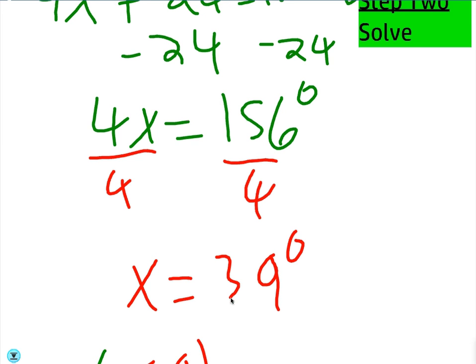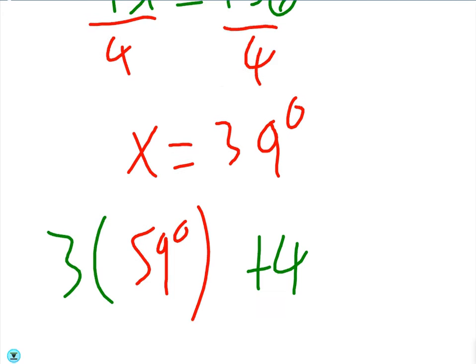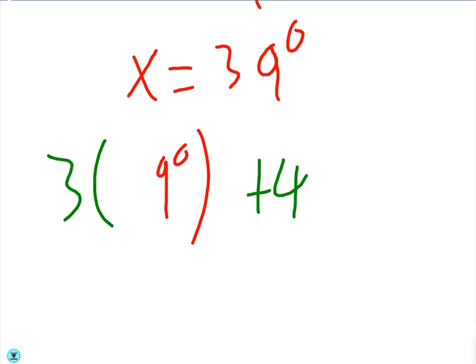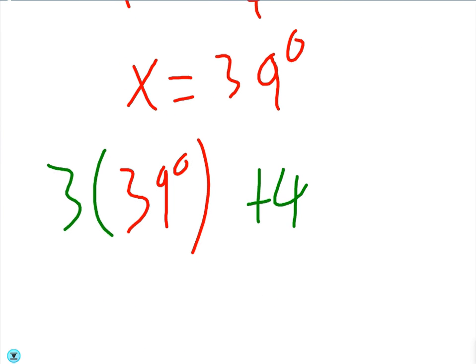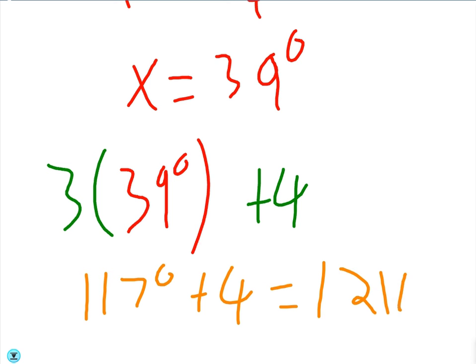I don't know why I said 59 or whatever. My bad. Okay, let's try this again. So it's going to be 3 times 39 plus 4. 3 times 40 is 120, so it would be 117 plus 4 is equal to 121.